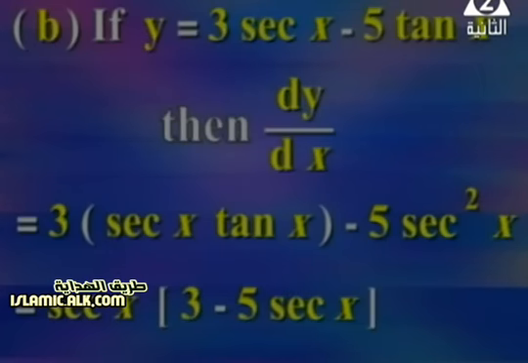We take sec x as the highest common factor. The answer is sec x multiplied by the bracket 3 tan x minus 5 sec x.